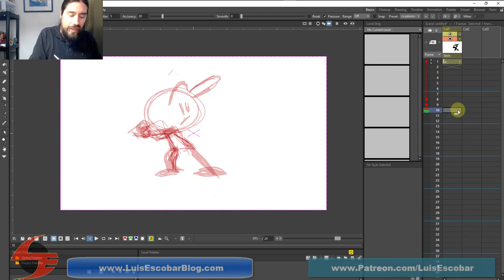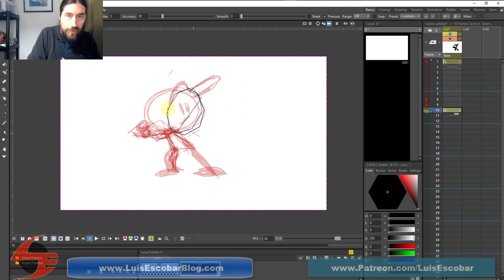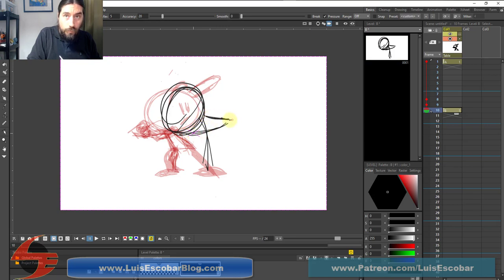So the next thing we've got to do is do a gesture of that pose that we chose. And again, it has to do with our character design and seeing and pushing what we see.